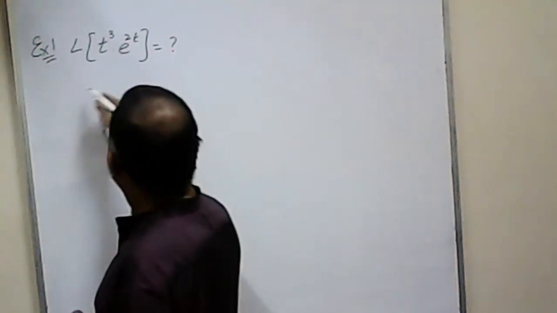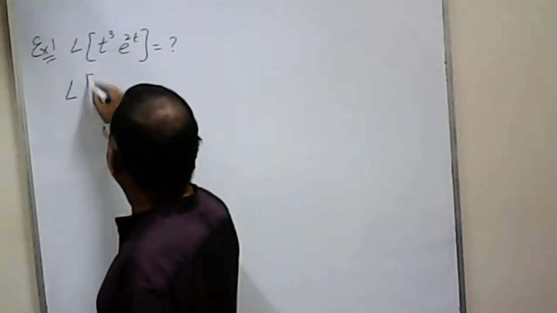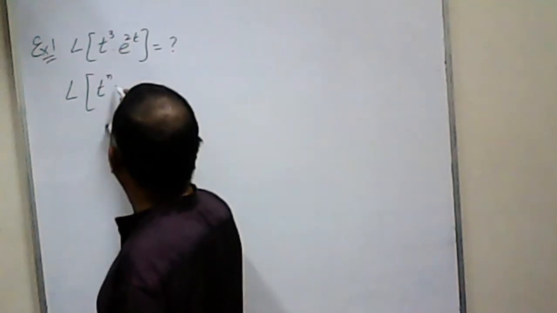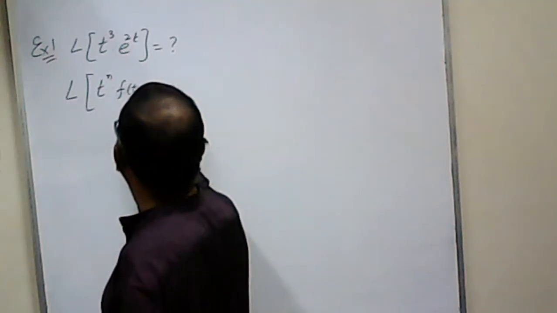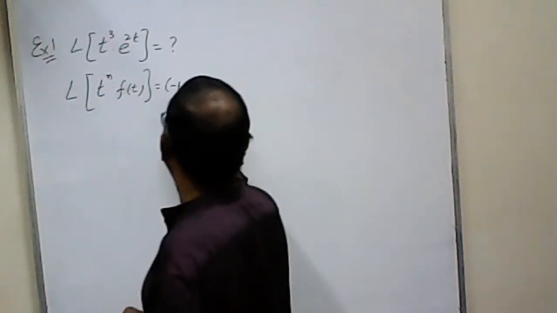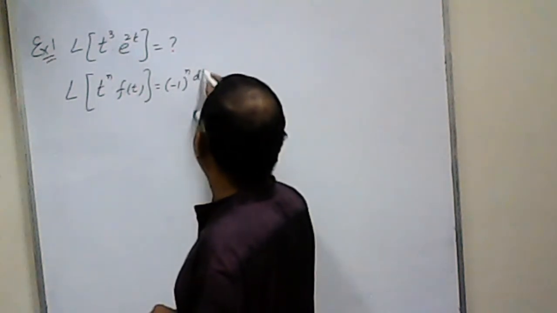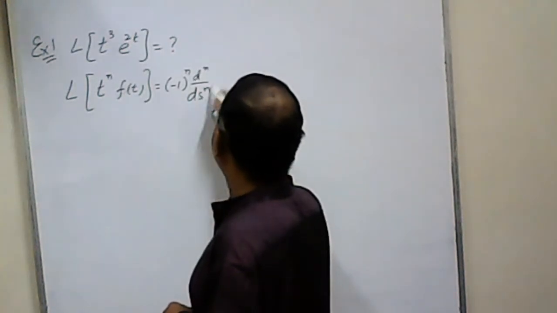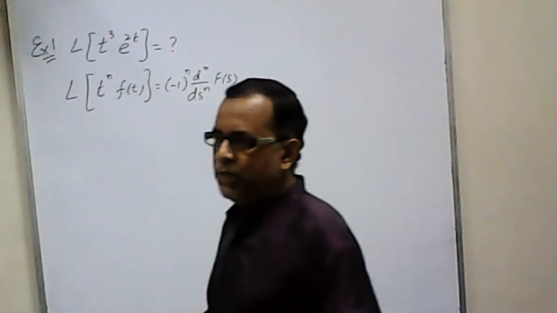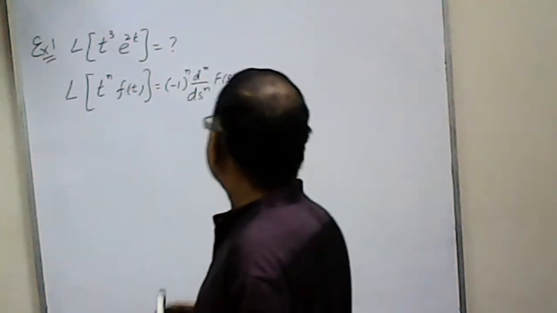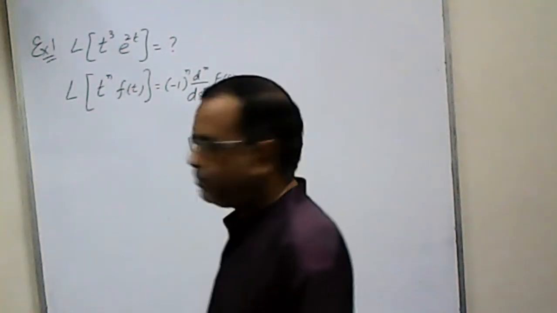So which was the formula? The formula was that Laplace of t power n into f of t is always equal to minus 1 power n d n by ds n of F of s. This is the formula which we need to utilize for the multiplication.